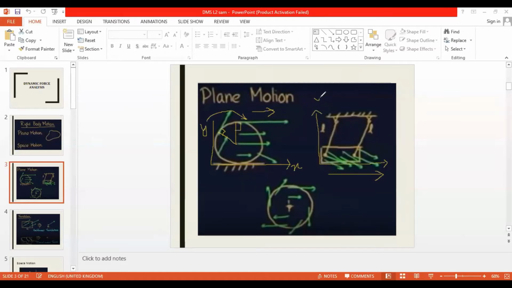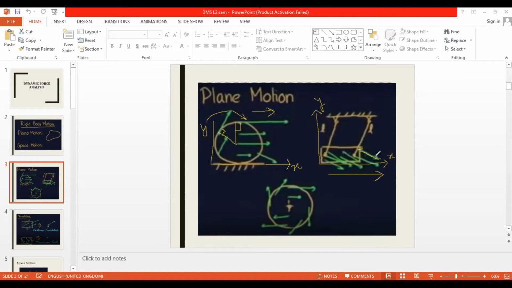Plane motion means the motion which is occurring in a particular plane, which does not need a z-axis to define. If this particle moves to this position when it is swinging, or this particle moves to this position, I don't need a z-axis to define the motion. X and y axes are enough.